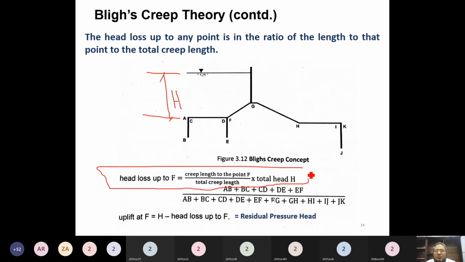Head loss to any point is the creep length to that point divided by the total creep length into the total head H, which is the H here.